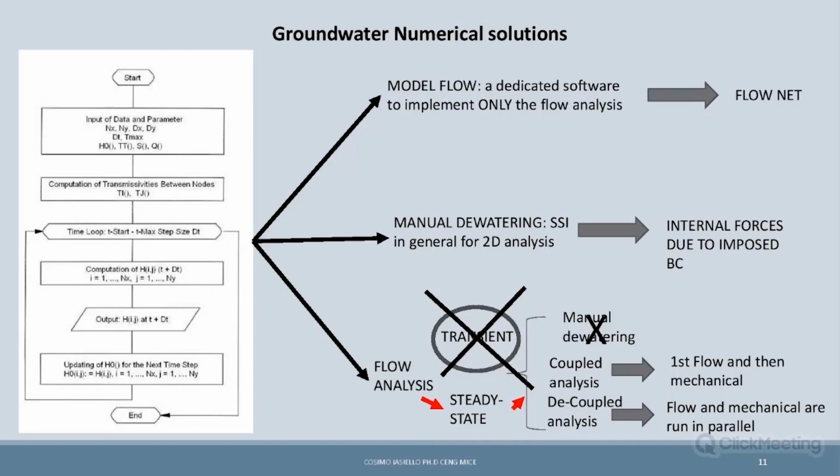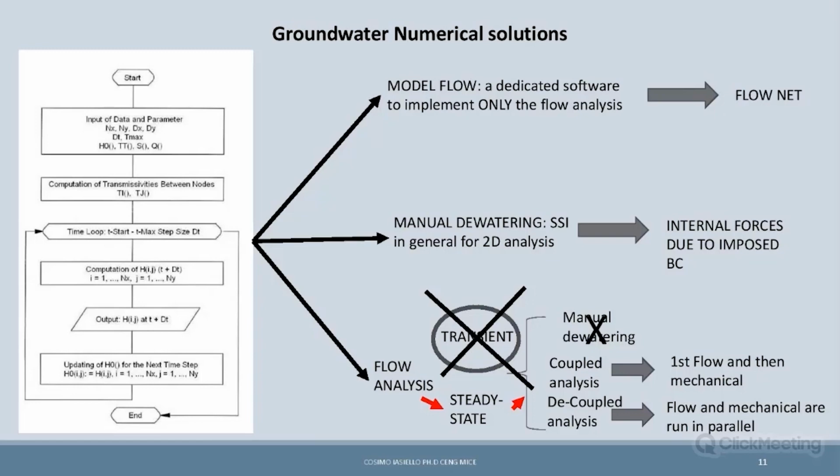There are other software that would be easier. And one is the result of this model flow, the flow net. Then we have what we call the manual dewatering. In manual dewatering, the user sets up, during each stage, which levels are saturated with water and which levels are dry or semi-saturated.